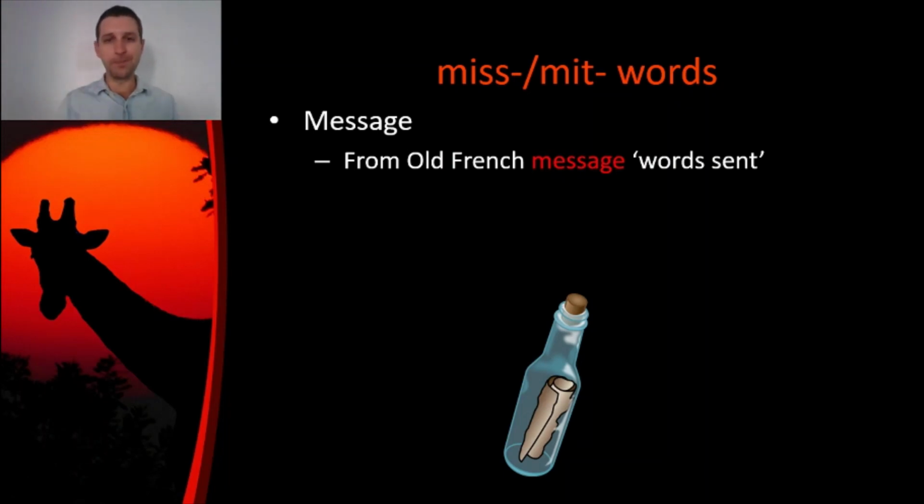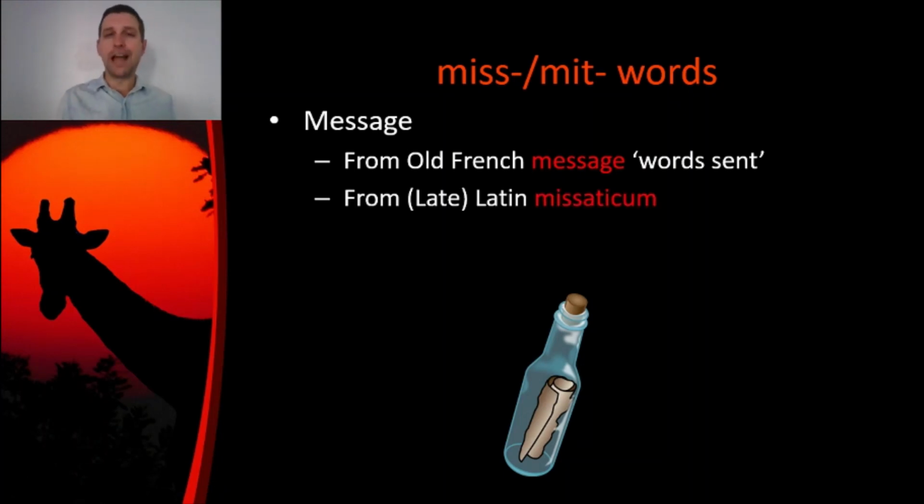In Old French, it was spelled exactly the same way, would have been pronounced something like message, and it just meant words that were sent. So even in Old French, it still had this basic etymological meaning that comes from Latin, that some communication, some content is being sent from somebody to somebody else, and that's essentially what a message is.